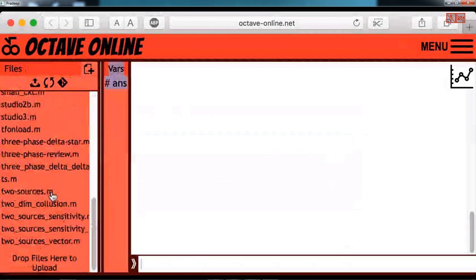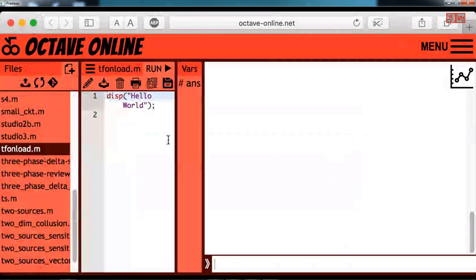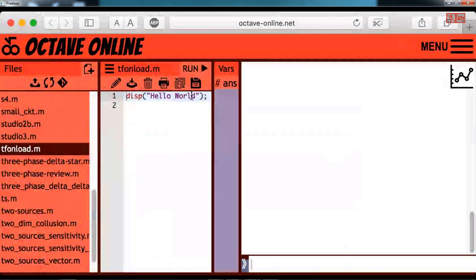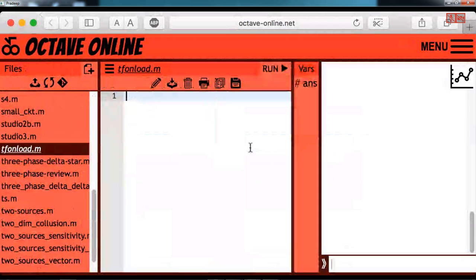I created a new file called transformer on load. In the middle of the screen, I think you can see that. Now let me try to define this.